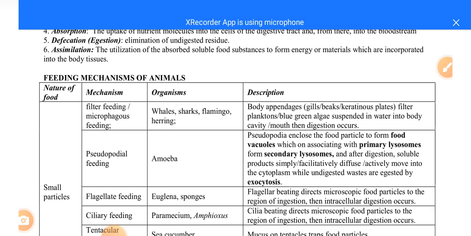Remember, when we were looking at cytology, we looked at all these, the primary lysosomes, secondary lysosomes, and exocytosis.